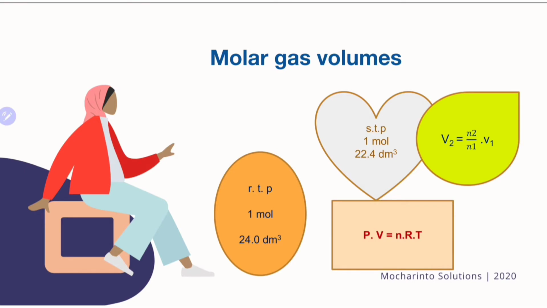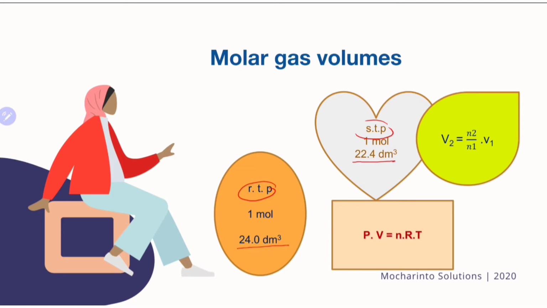With symbol RTP, room temperature and pressure, 1 mole of any gas occupies volume 24.0 dm cube. At STP condition, standard temperature and pressure, 1 mole is 22.4 dm cube.